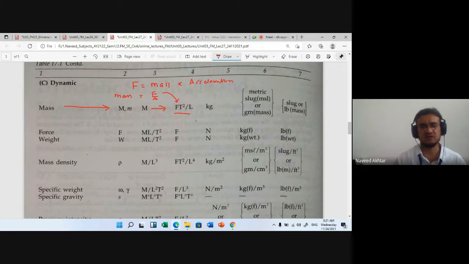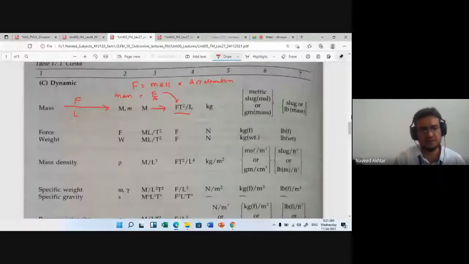So it is Ft square upon L. That is mass, and in the SI system we measure it in kilogram.